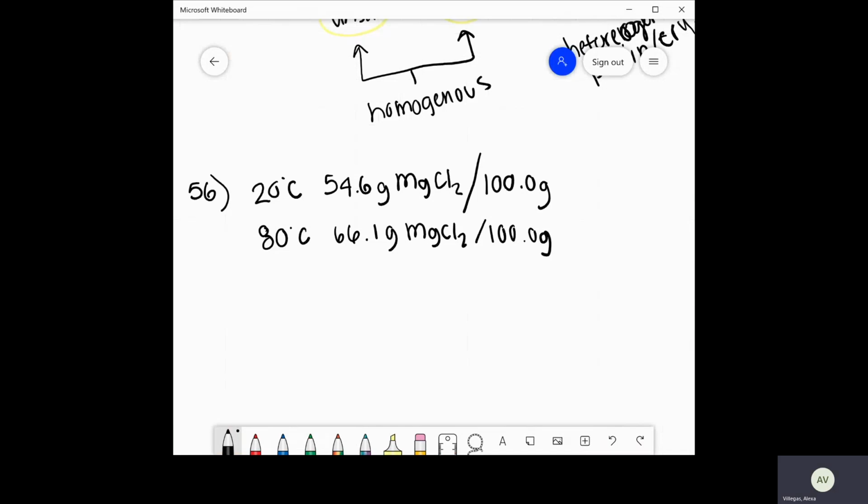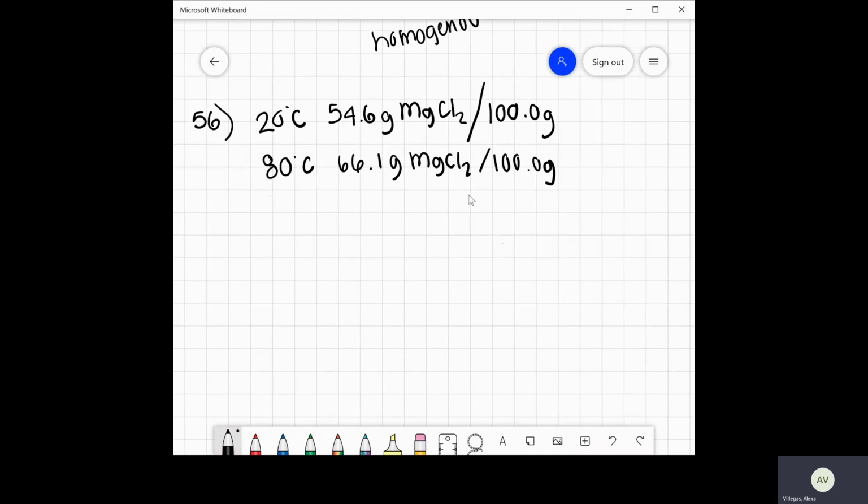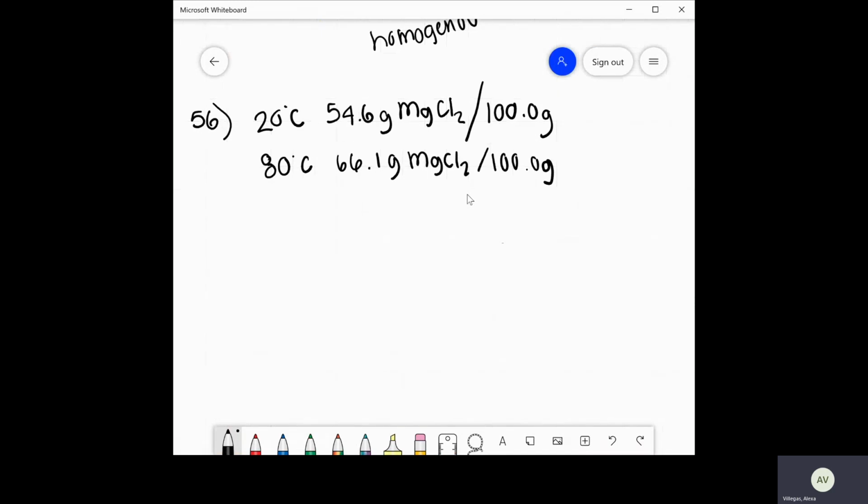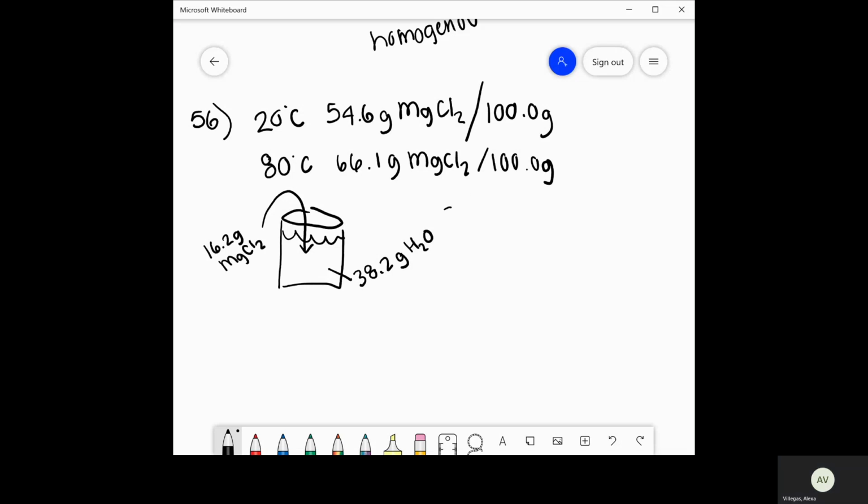A mixture is made up of 16.2 grams of magnesium chloride and 38.2 grams of water at 20 degrees Celsius. And the question is asking, in these conditions, is the mixture homogeneous?